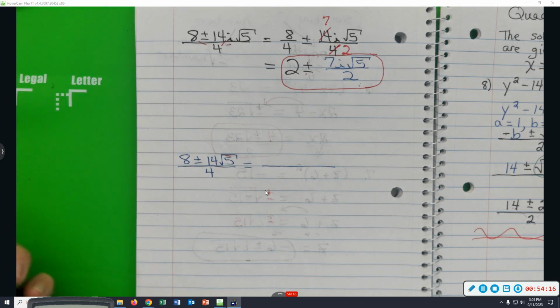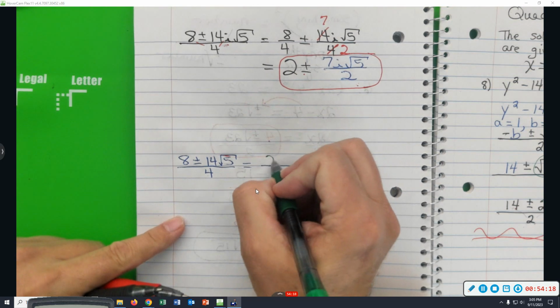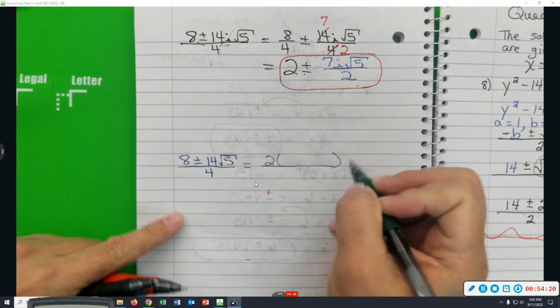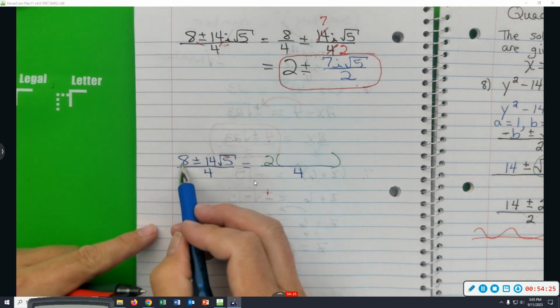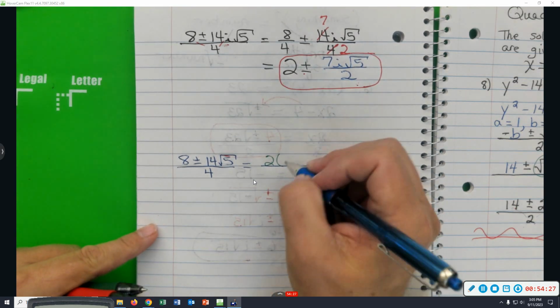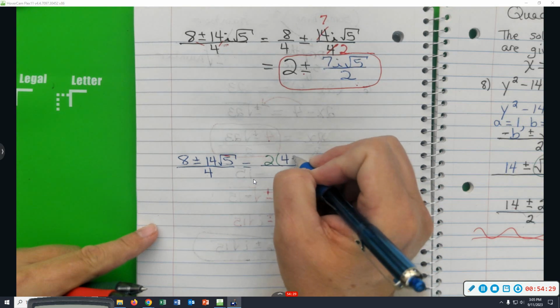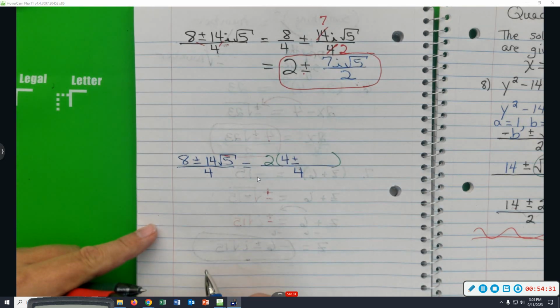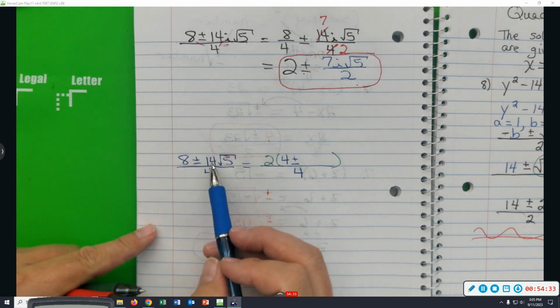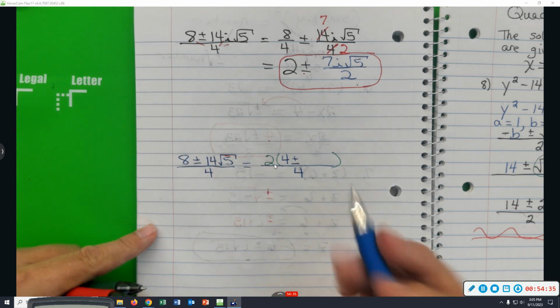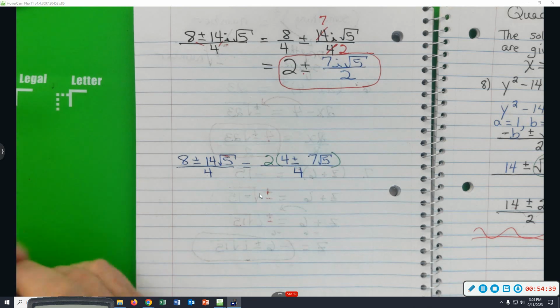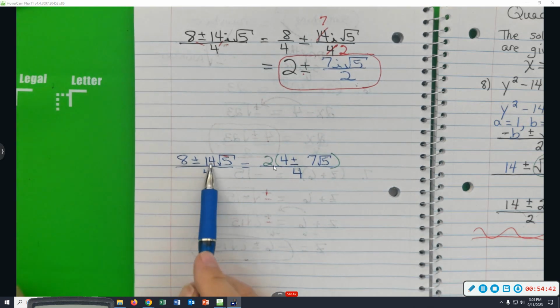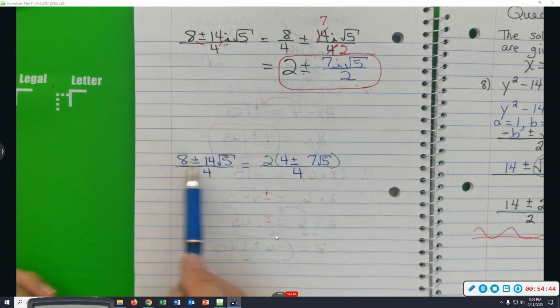So I'm going to show my thought process. I'm taking out a 2 from the top. 8 divided by 2 is 4, plus or minus 14 divided by 2 is 7 square roots of 5. Any questions there? I'm just showing that step this time.